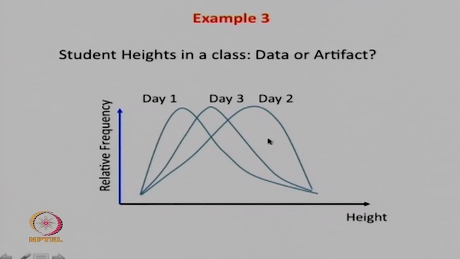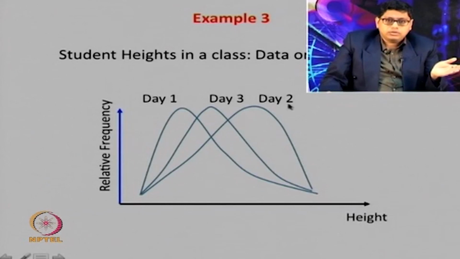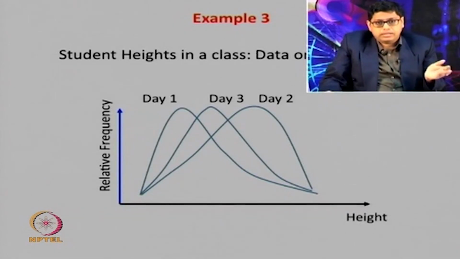So, what are the qualitative aspects of these curves which are different? What I can clearly see is, if I look at the maximum peak height, where you have the maximum number of observations, it is at this value to the left on day 1, to the right on day 2 and in the middle on day 3.